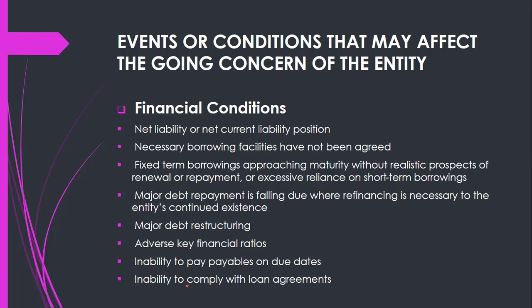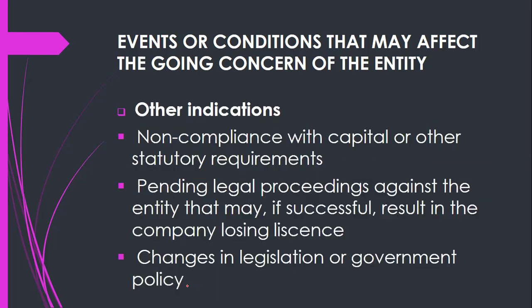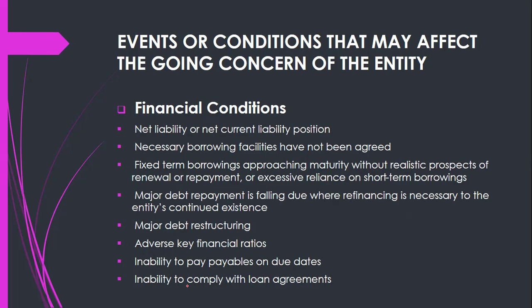So they're just different scenarios that are put in the question. Then you need to cite those that affect the going concern of that particular company. So examples: their financial conditions, their operational conditions, as well as other conditions which may reflect going concern issues in a particular entity.